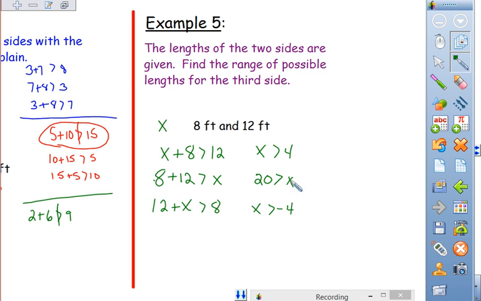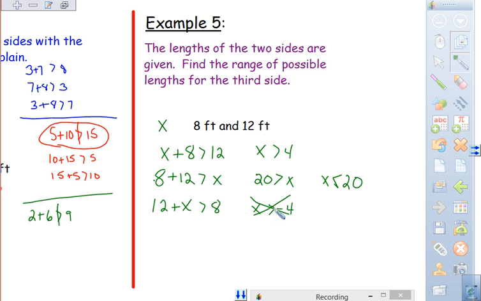This one needs to be switched. If I switch my order, I have to switch my sign. So these are our stipulations. We need to be greater than 4, less than 20, and greater than negative 4. Well, we can't do negative numbers, and we have to satisfy all three of these inequalities. So we're not going to use that one.